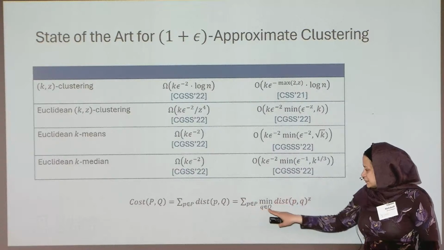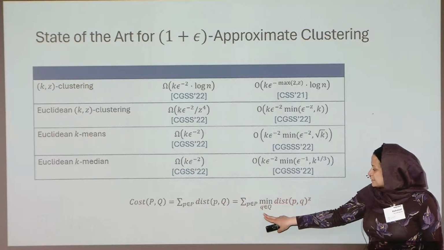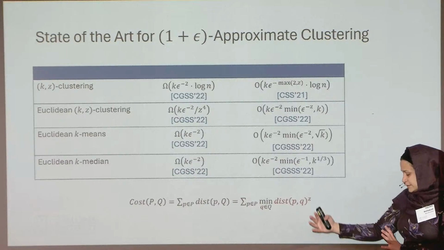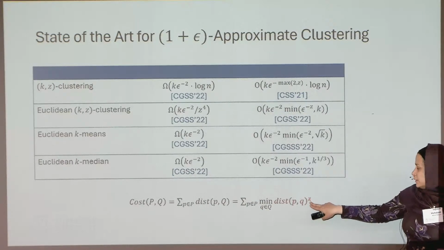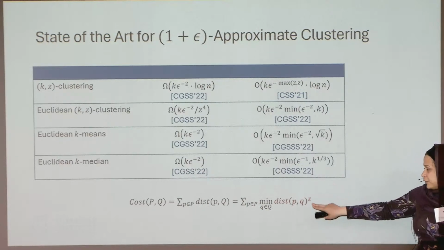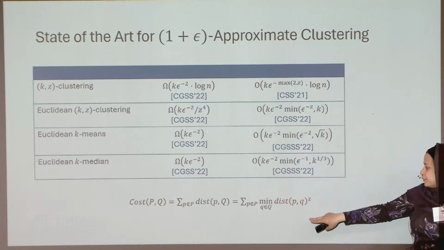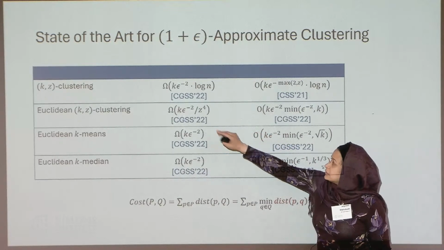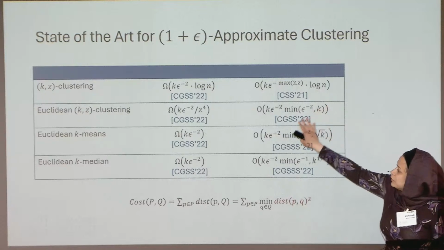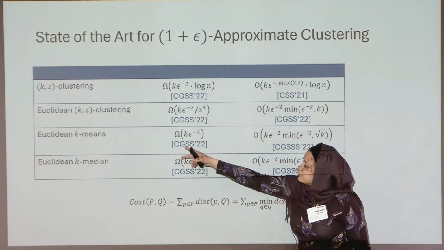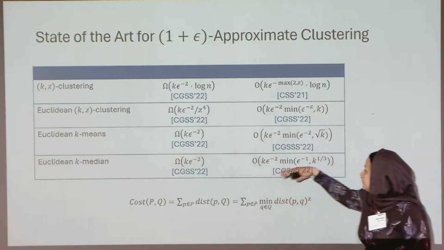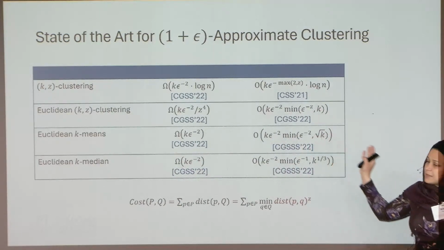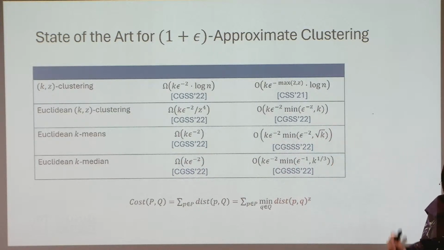Our cost is the sum over all the points of the minimum distance of the point to the closest center, raised to the power z. For example, for k-median, z is equal to 1. For k-means, z is equal to 2. So this is for generic (k,z) clustering, and this is what we know. This is for the Euclidean case. And for Euclidean k-means and k-median, we know slightly better algorithms. As you can see, there are still some gaps, so it would be very interesting to close these gaps.